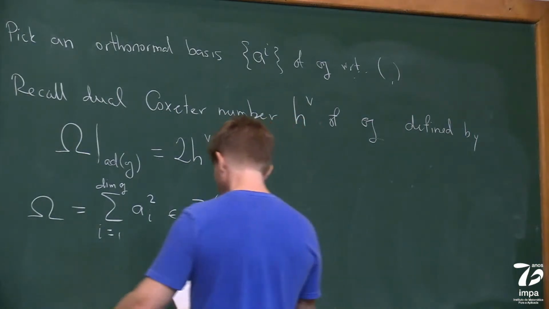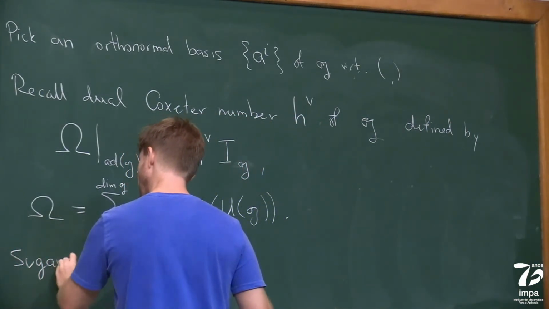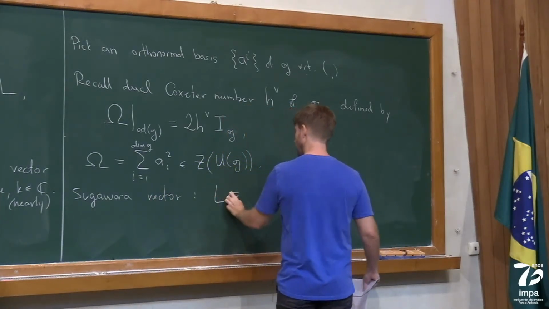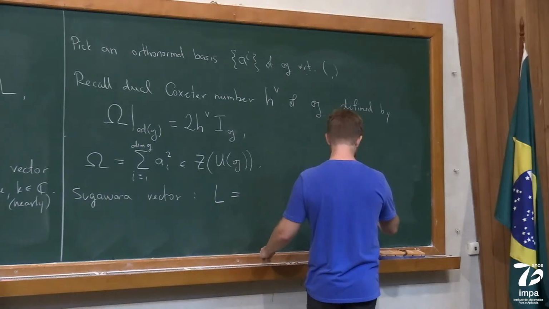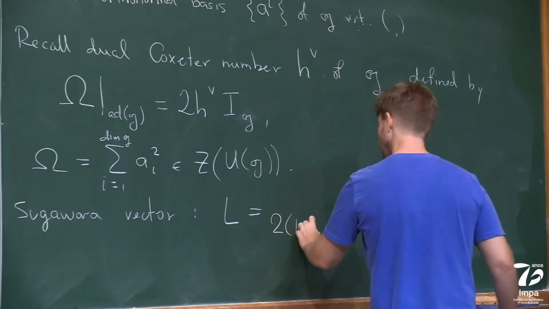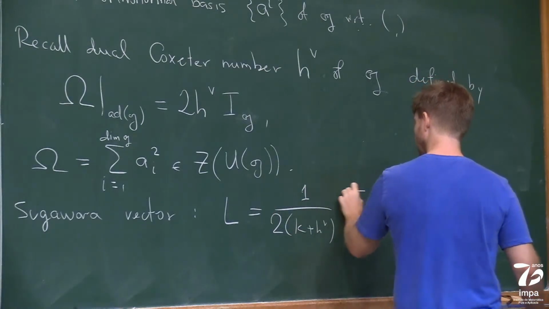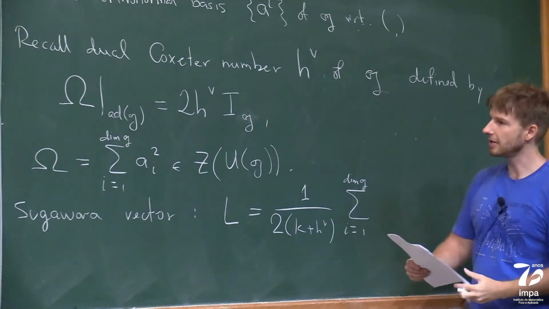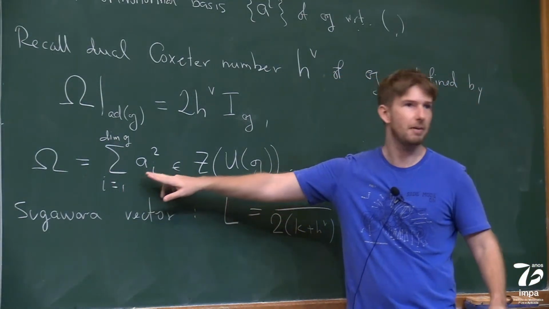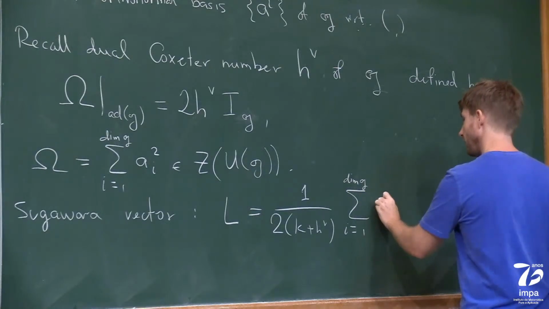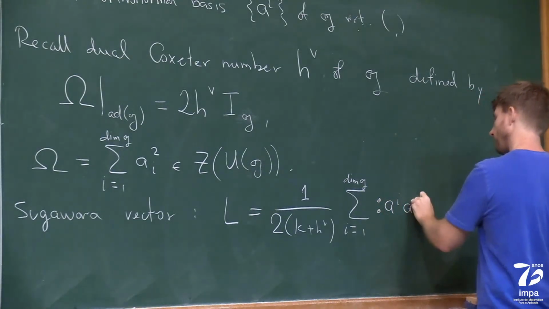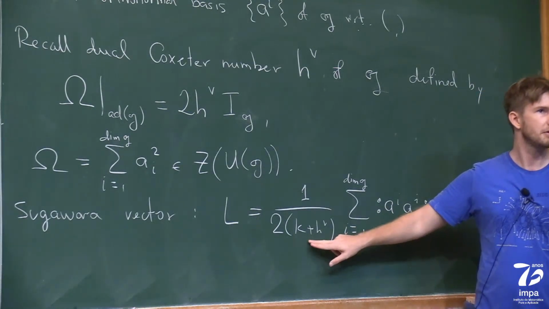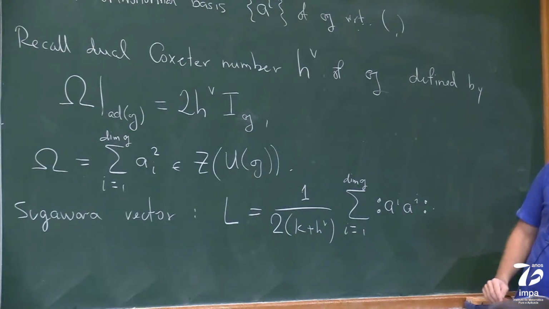So now the Sugawara vector is 2 times, and you do a similar thing to the construction of omega. You take a square, but now square means normally ordered square, sum, and it turns out you have to normalize by this factor, and the result is a Virasoro vector.